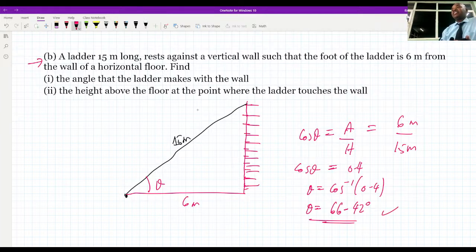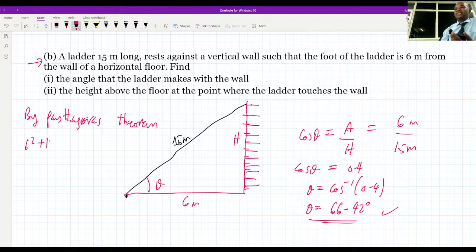And you're supposed to find the height above the floor. So height here is how much? You can use the Pythagorean theorem, or you can use the definition of tangent. Of course, I would prefer to use the Pythagorean theorem. By Pythagoras theorem, 6 square plus h square equals 15 square.